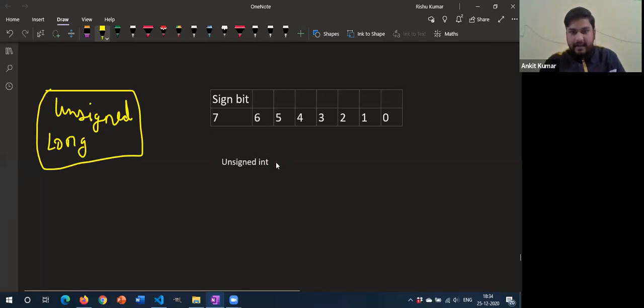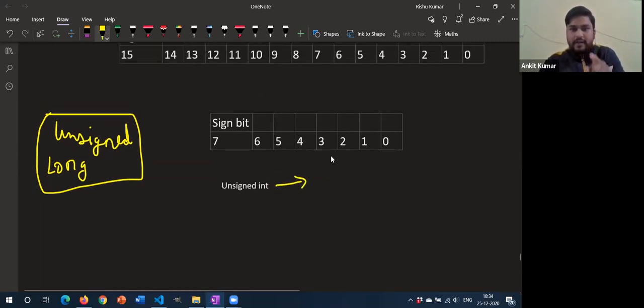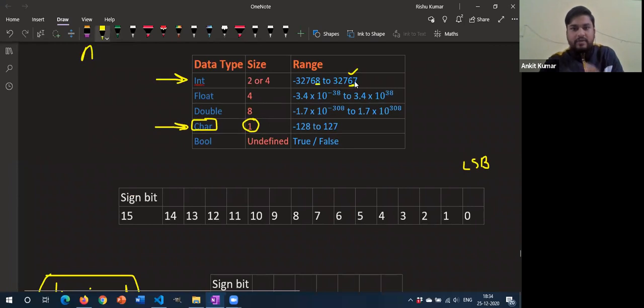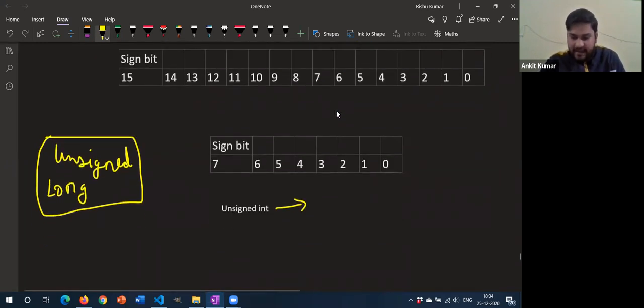Its earlier size is 32767. This is for the positive numbers. So just double it. Your size will increase in the case of unsigned int, and that will be 65535. This is the size.